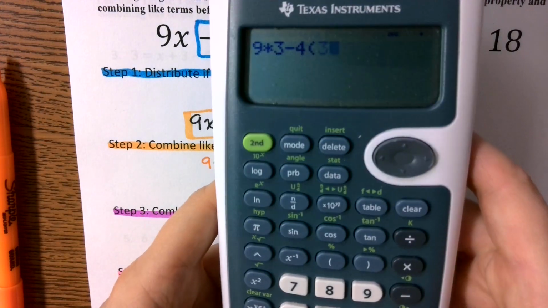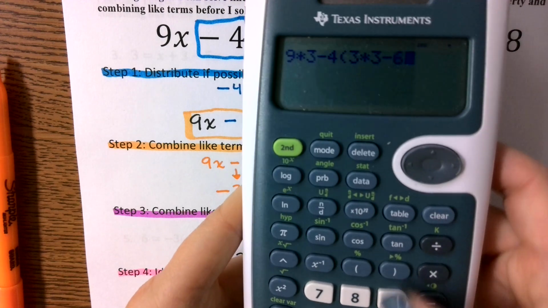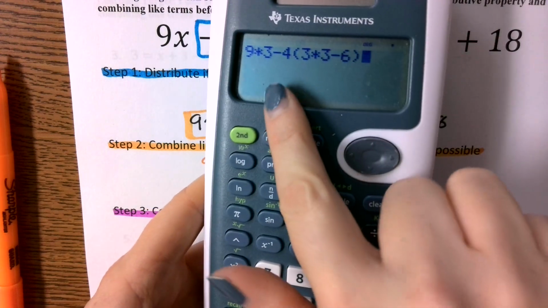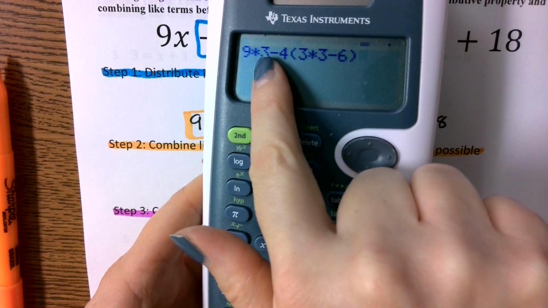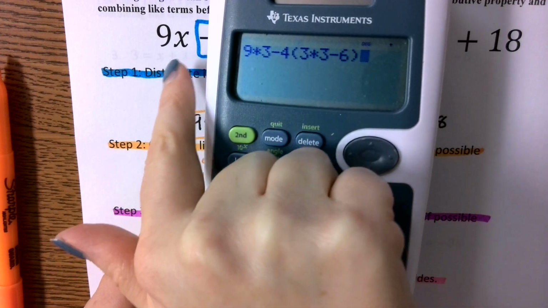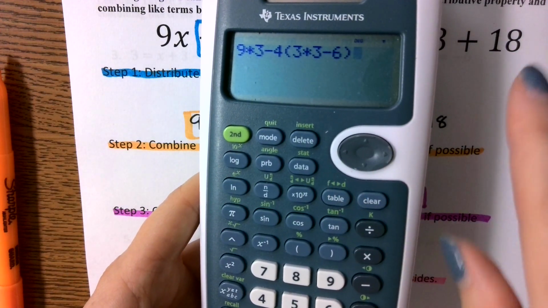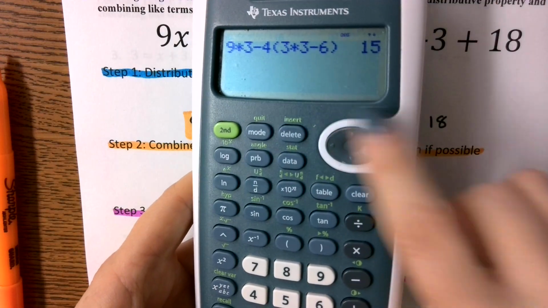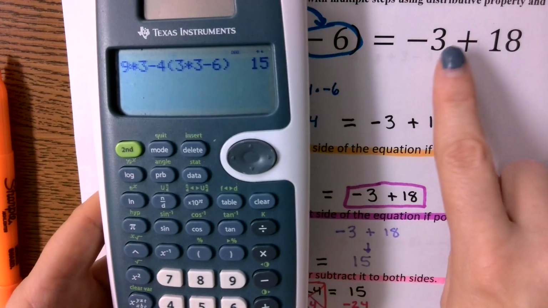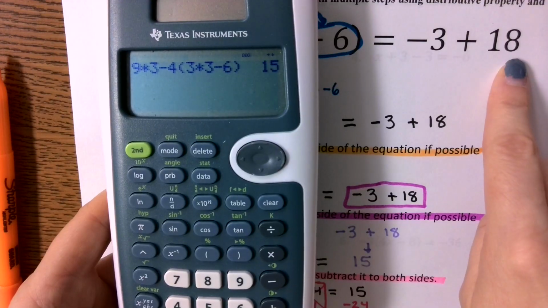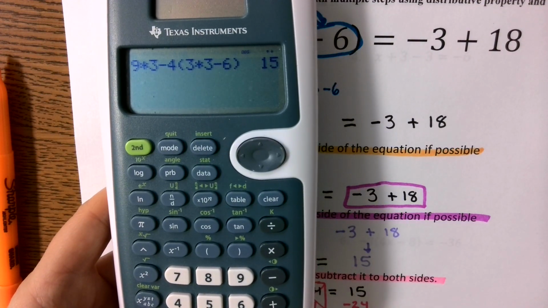It's going to be a 3 times 3, and then a minus 6, and close parentheses. So all I did was substitute in everywhere where I see an x, I substituted it in as times 3. Okay? So once I'm done with that, and then I hit my enter, I get 15. So now all I have to do is check, is negative 3 plus 18 going to give me a 15? Yeah.